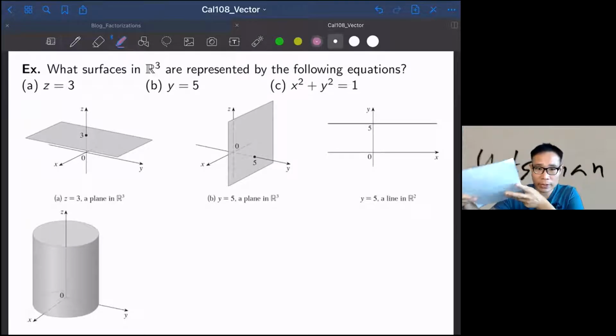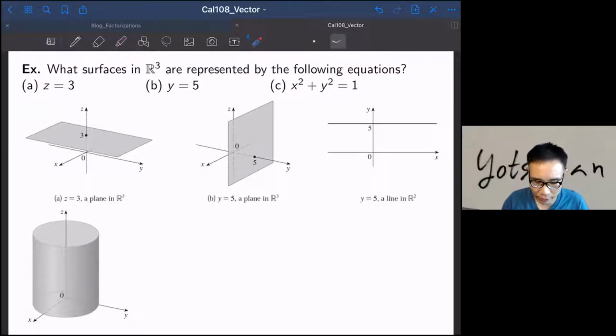It's going to be like a constant plane that is parallel to the xy plane. So you see the idea that it's the plane that is parallel with the floor. So it's going to give you a constant plane.